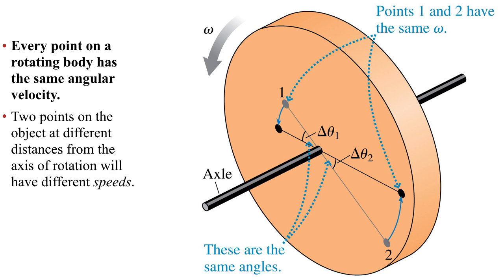And let me just make this last point. If you think about the speedometer rating of two different points, like this point right here, it's in close to the axis, and this one out here, it's a little closer to the edge.